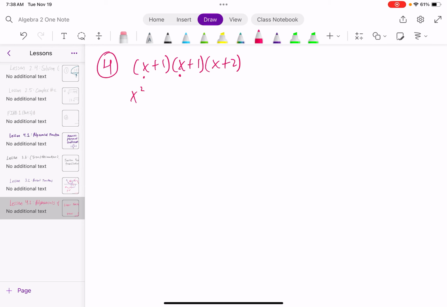So that's x squared, then x times 1 is just x. Then we're going to do 1 times x and get x, 1 times 1 and get 1. So we have x squared plus 2x, right? Plus 1. And then I'm going to bring this down.